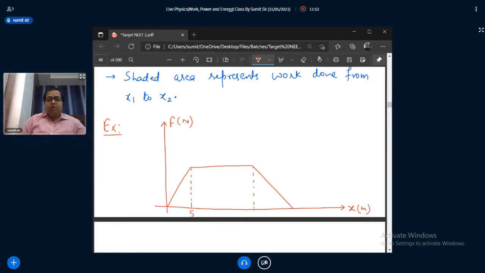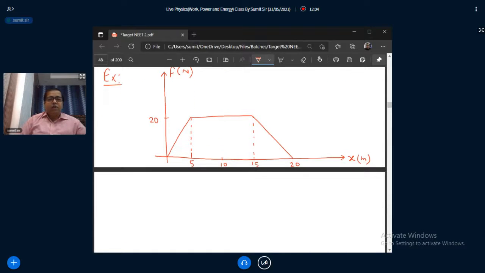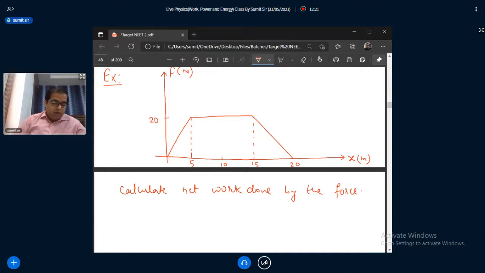So 5, 10, 15, 20, and this is 20 Newton. Calculate the net work done by the force. Can you calculate the work done?